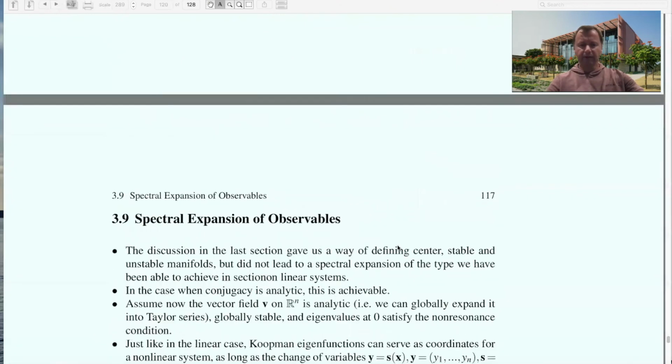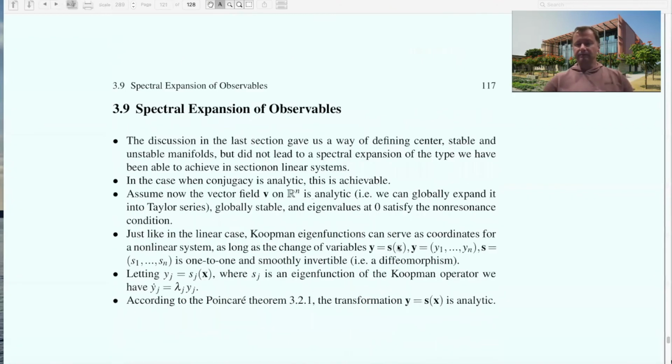So we've discussed the geometrical properties so far in terms of specific eigenfunctions of the Koopman operator. The basins of attraction were determined by properties of Koopman eigenfunctions at eigenvalue 0. The stability was really associated with the properties of the Koopman spectrum, in particular the real part of the eigenvalue.